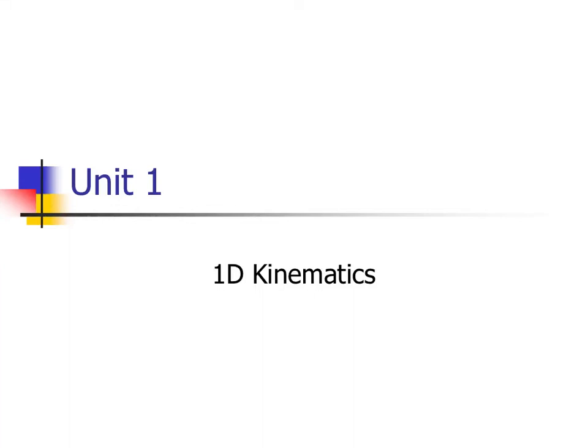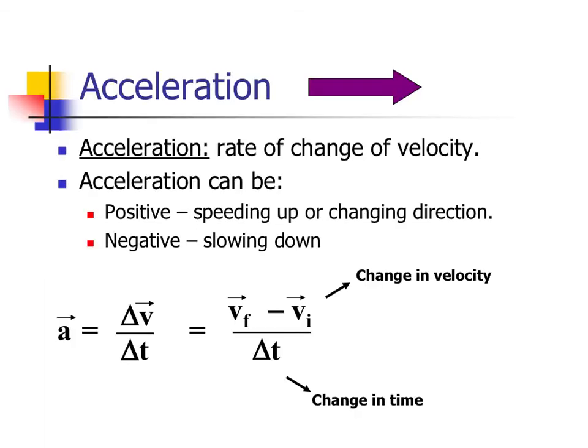So we are continuing with Unit 1, one-dimensional kinematics, and we'll be continuing in Part B. It's actually near the end of Part B, so after we've covered what is displacement, what is speed, what is velocity, today we're going to talk about acceleration.